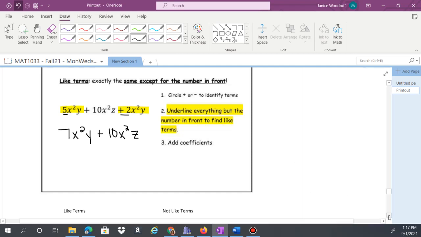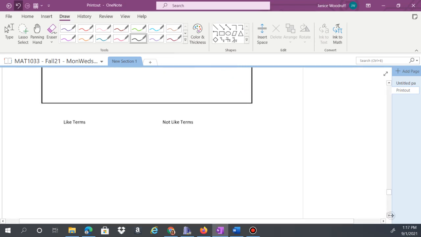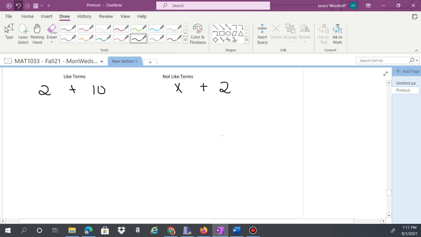So just some examples of like terms and not like terms, things you can add and subtract. We have these rules for adding and subtracting: they have to be like terms. You can always add any numbers, right? So 2 plus 10, we can do that. But we cannot add a letter and a number. So I can't do x plus 2 and get 2x.